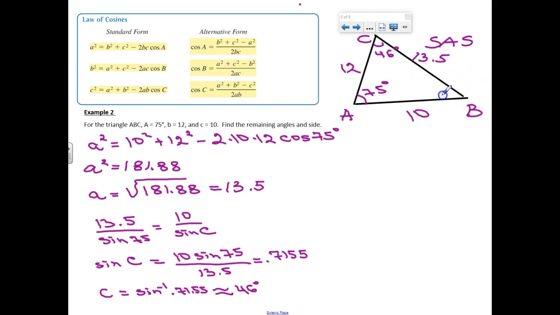Last, I need to find angle B. Angle B is equal to 180 degrees minus angle A minus angle C. Angle B is equal to 59 degrees. And we are all done. We have found all the missing parts.